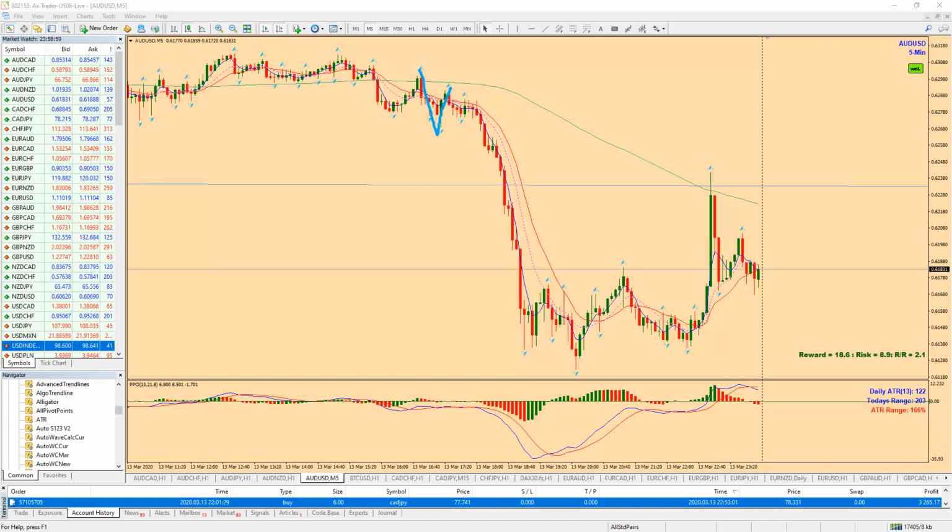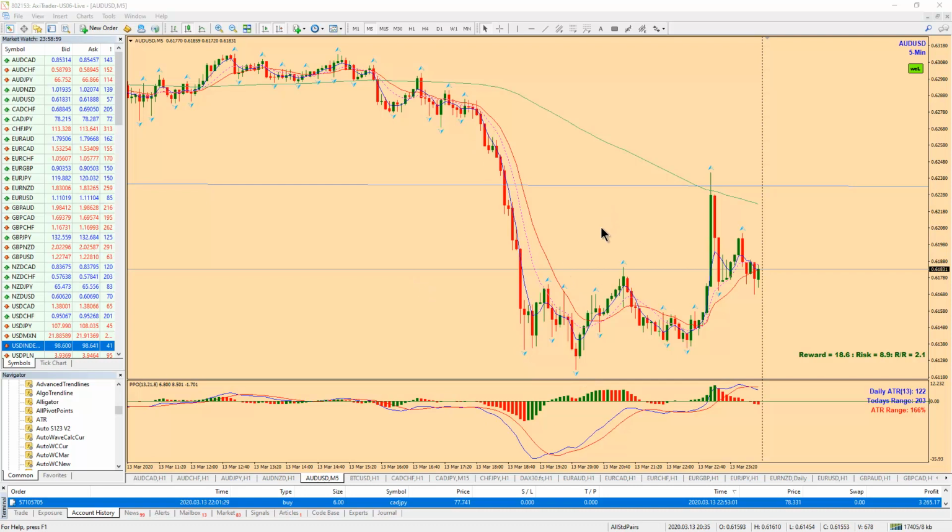You can then, for an entry, use your number 3 point, which is this bar. When price breaks that bar, that's a market order. You'd go in at market, and then you're down to your targets. So lots of opportunities to enter this position to the downside.